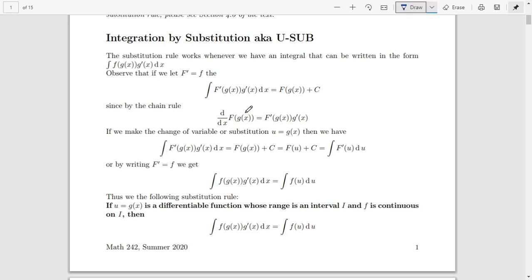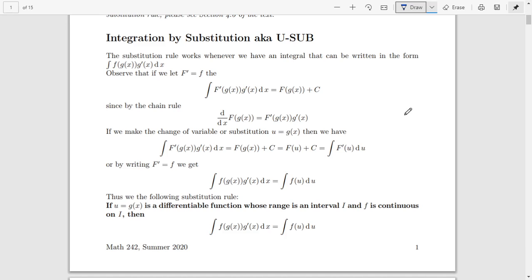And integrating both sides gives you what you differentiated, plus a constant c of integration. And now we could say let u be equal to g of x.